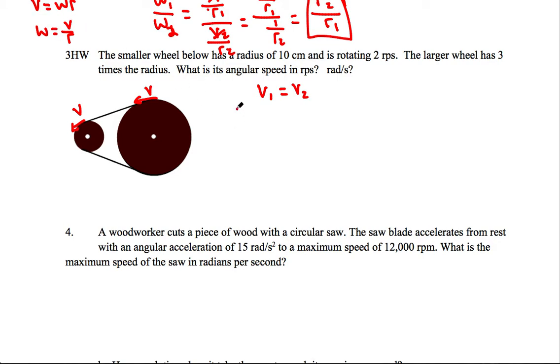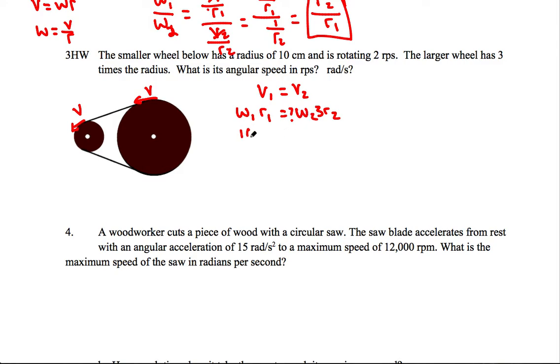So V1 is equal to V2, which if we go back up here, that if V is omega R, this means omega 1 R1 equals omega 2 R2. And a cool way of looking at this, if we have a wheel that's got 3 times the radius, and we want to know what is going on with its velocity, we could say, what fraction is its angular velocity.